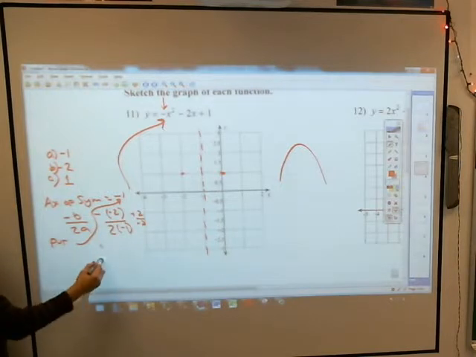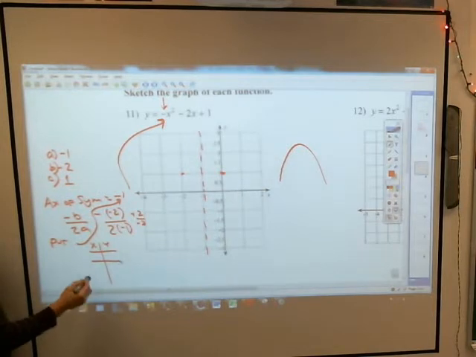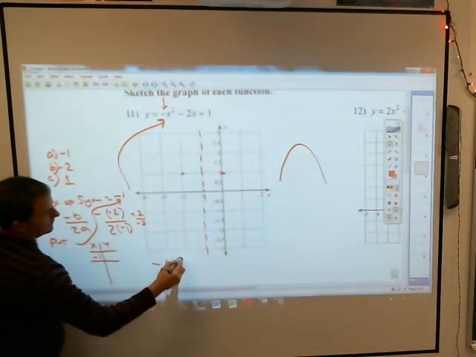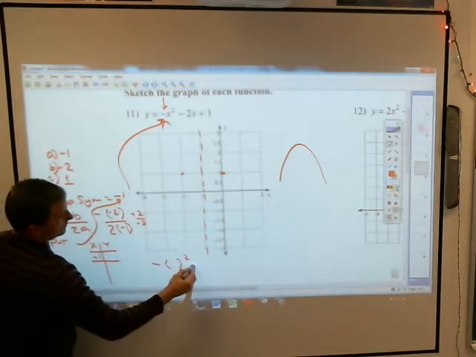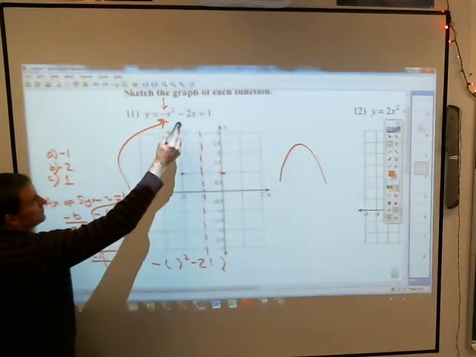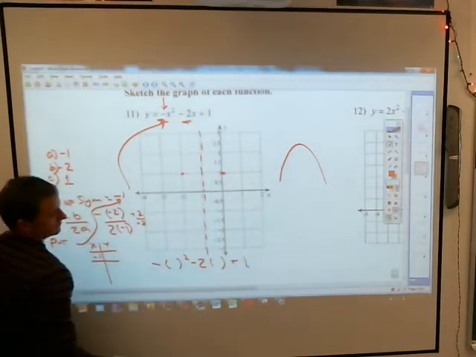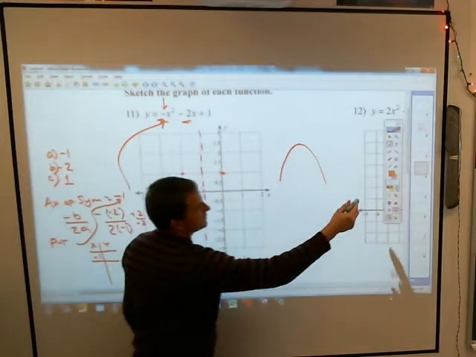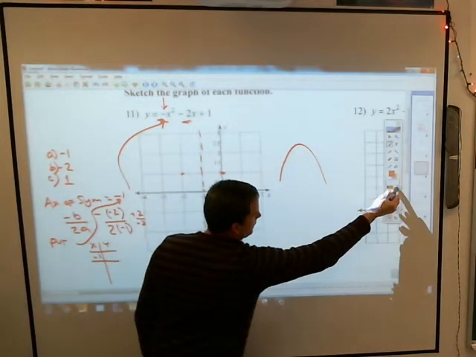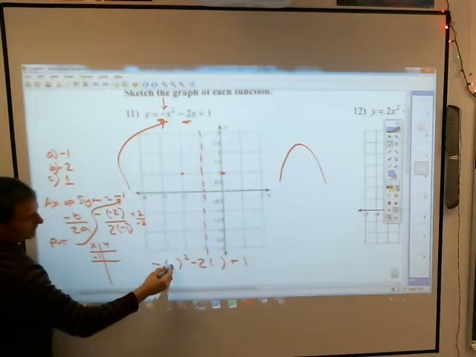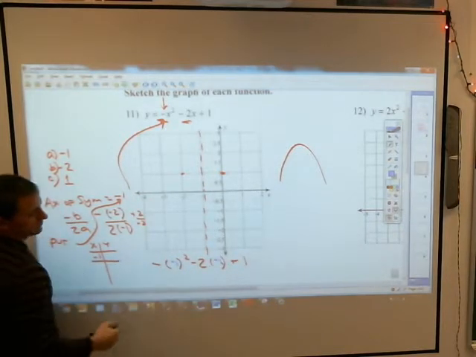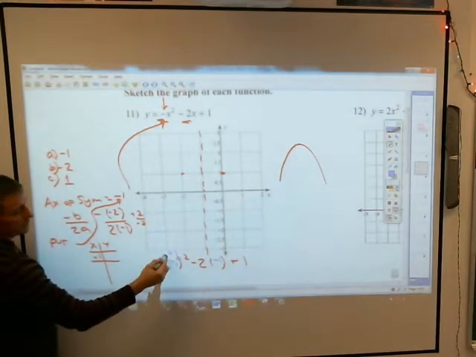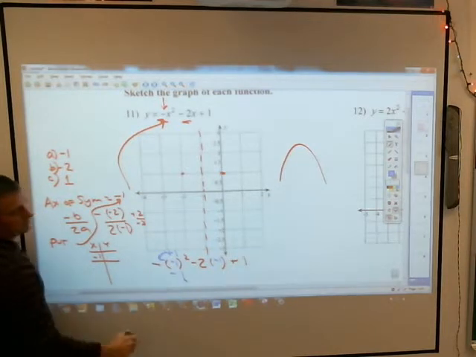So it might be a good idea for you to jot down a little table of x and y values. One of them you have to put in for sure is your axis of symmetry, which was negative 1. And when I do that, I end up with negative x squared minus 2 times x plus 1. Putting in my negative 1s, negative 1 squared is a positive 1, but there's a negative out front, so it's negative 1.